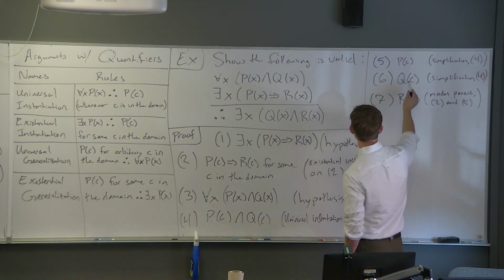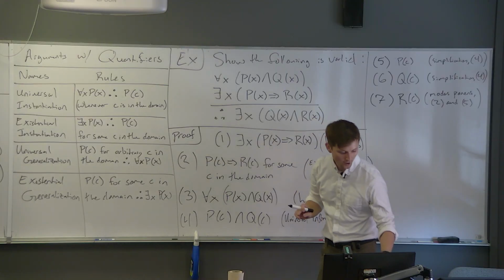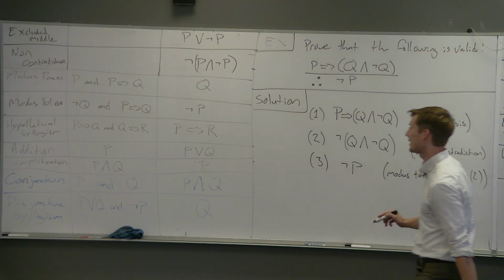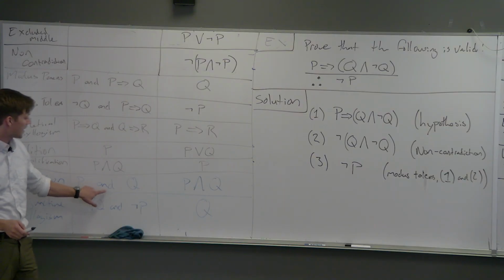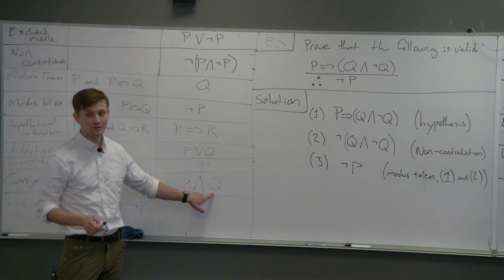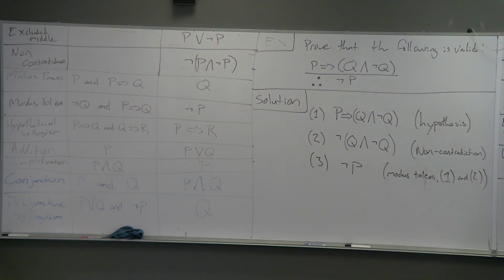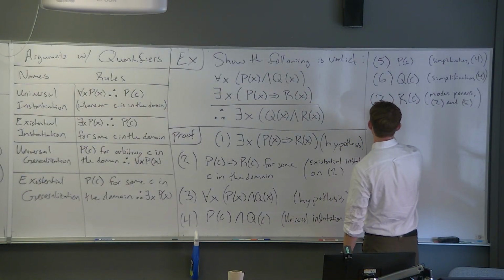Okay, now I've got q of c, I've got r of c. Is there a rule? Shifting my camera so I can point at it. Perhaps conjunction, p and q. Therefore, p and q. Same business here. Okay, let's do it. So, switch the camera back over, 8.